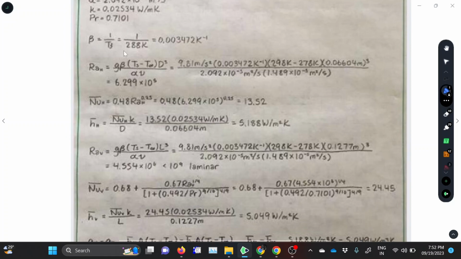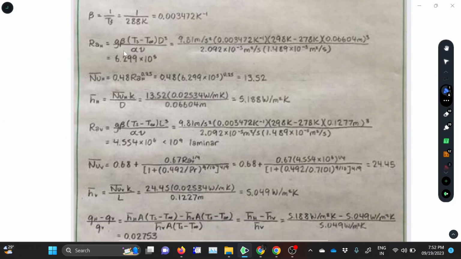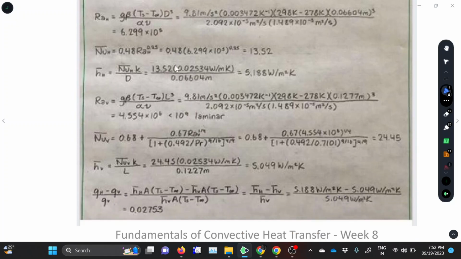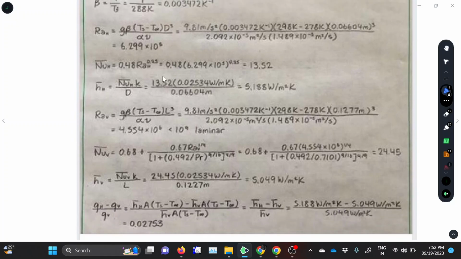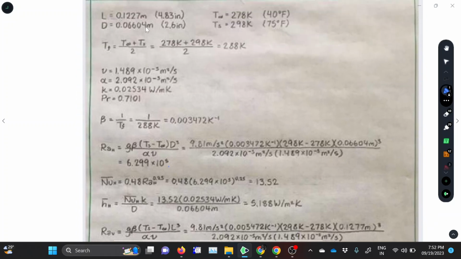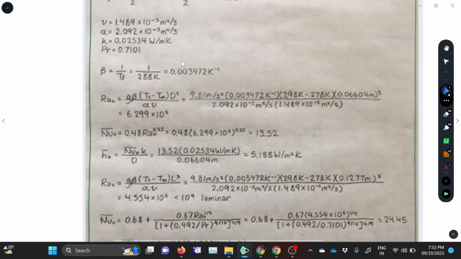The volume expansion coefficient. Correct. So they found it for the film temperature, which they took as the average of the ambient temperature and the surface temperature.